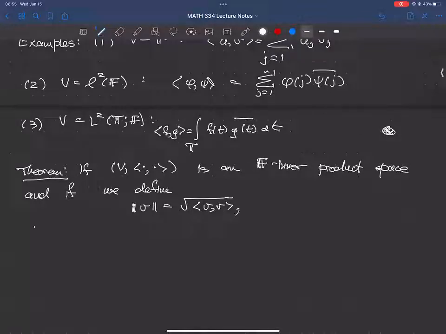Okay, so if we do that, then this is a normed vector space.